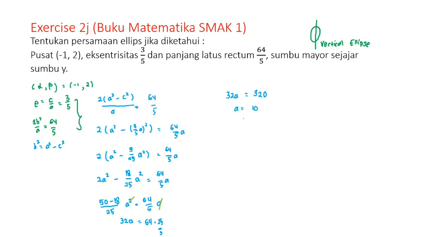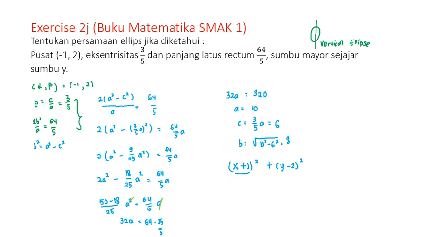So that c, which is 3 over 5a, will be 6, and b, which is square root of 10 square minus 6 square, you will have 8 plus and minus 8. Then our equation will be x minus alpha square, alpha is minus 1, so you have x plus 1 square, and y minus beta square, beta is 2, minus 2 square.